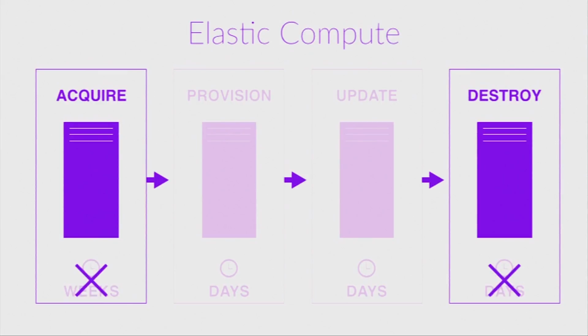With elastic compute, we're talking minutes and seconds. We can spin up an EC2 instance in 45 seconds, even a massive beefy instance, and we can destroy it in seconds. It's incredibly fast. It allows us to do things like spin up ephemeral infrastructure so that we can run a compute job and then get rid of it when we're done and let someone else use those compute resources.